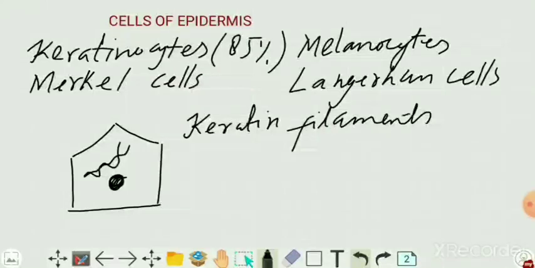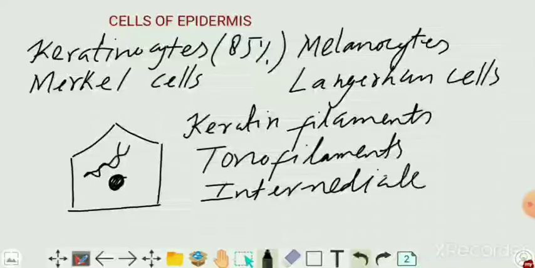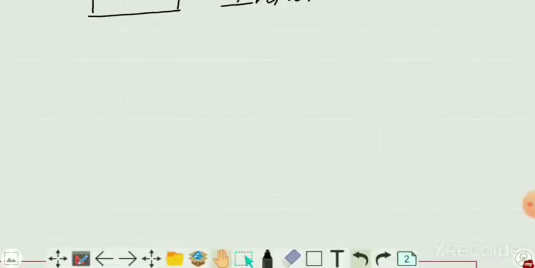These keratin filaments are also known as tonofilaments or intermediate filaments. Now these keratin filaments are made up of keratin protein. And remember one thing, the keratin filaments are the hallmark of keratinocytes.